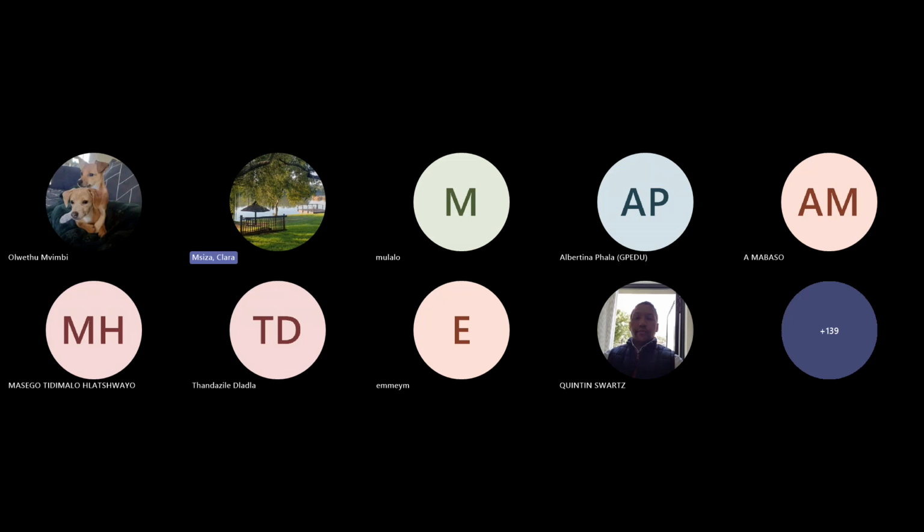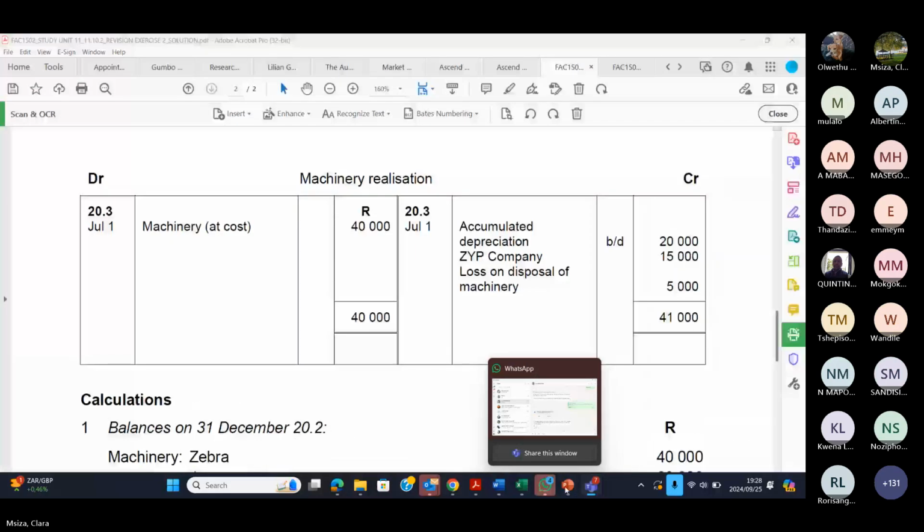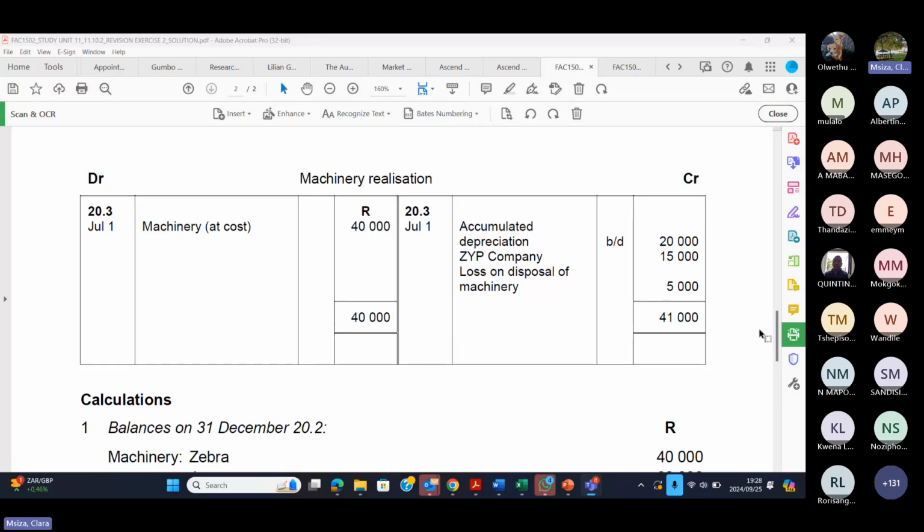So have you calculated? Meaning we're going to show this on our realization account. Let me share my screen with you. Can you all see my screen? So you are correct. We made a loss of 5,000. The 15,000 is what ZYP agreed to give us as a trade-in.